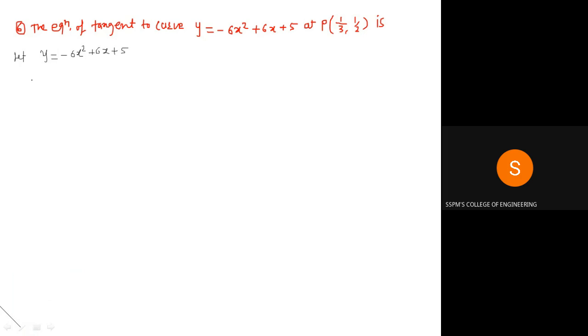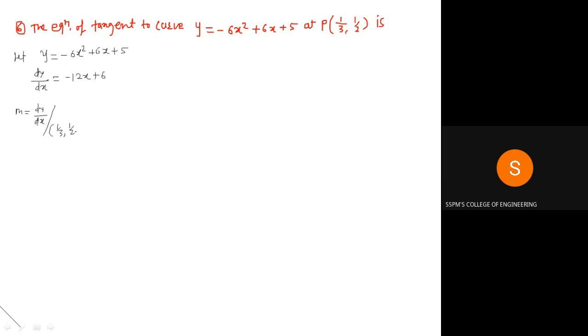And what is the first derivative? dy by dx. So take the first derivative. What is the derivative of x square? 2x. So minus 12x plus 6. But it is the slope of that tangent. And how do we get the slope of the tangent at the point (1 by 3, 1 by 2)? So this slope of tangent, that is m, means what? Slope of tangent at the point (1 by 3, 1 by 2).